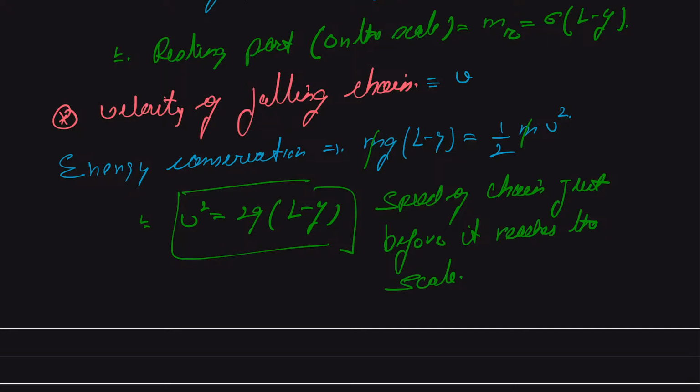Now we got the velocity, and from this velocity we are going to find out the scale reading. The scale reading will consist of two parts. First is the weight of the chain that is already on the scale, and second is the momentum flux. In simpler terms, the momentum flux is also called the force due to stopping the incoming chain.